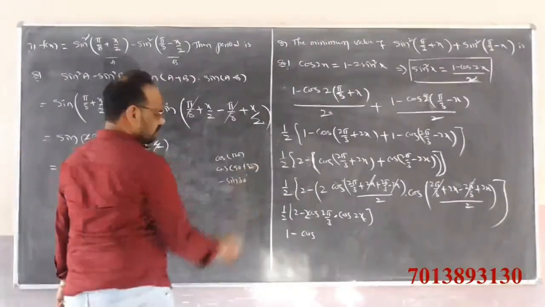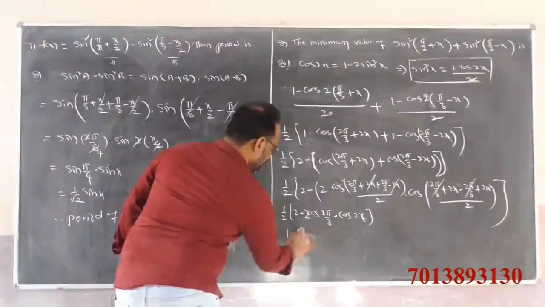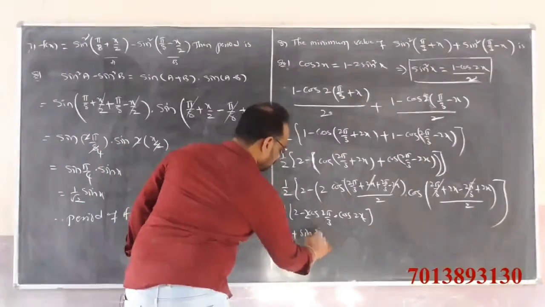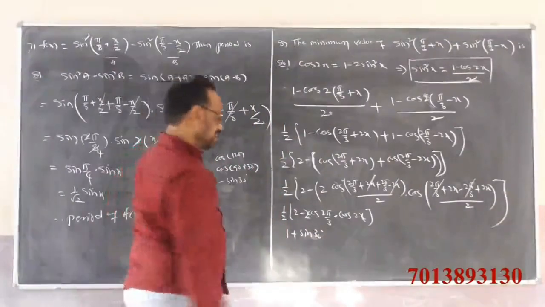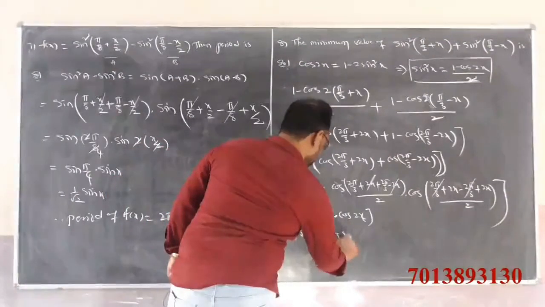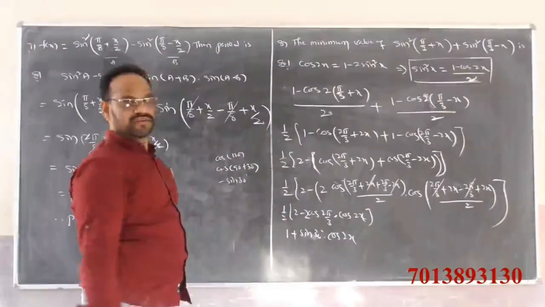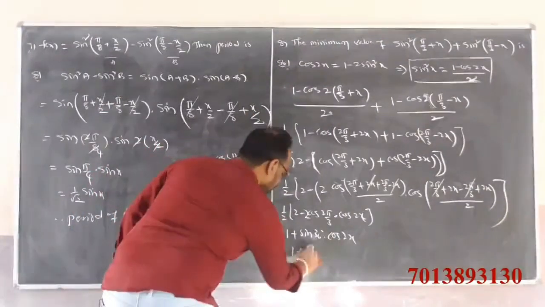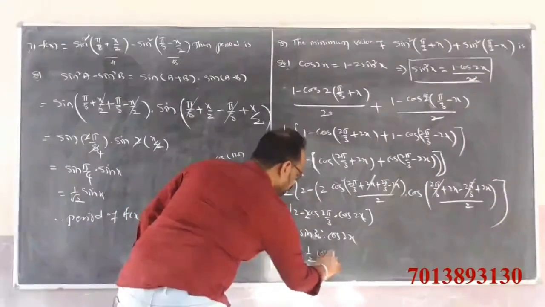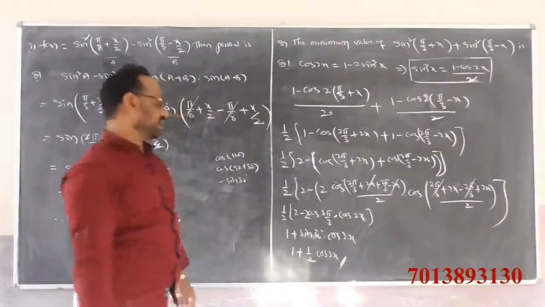So minus sin 30 gives, that means plus sin 30 into cos 2x. Sin 30 value we know is 1 by 2, so that is 1 plus 1 by 2 into cos 2x.